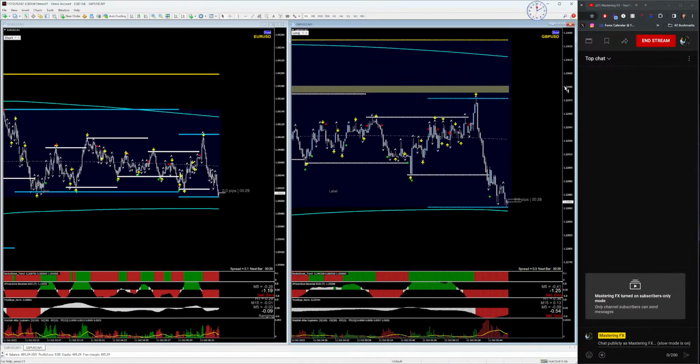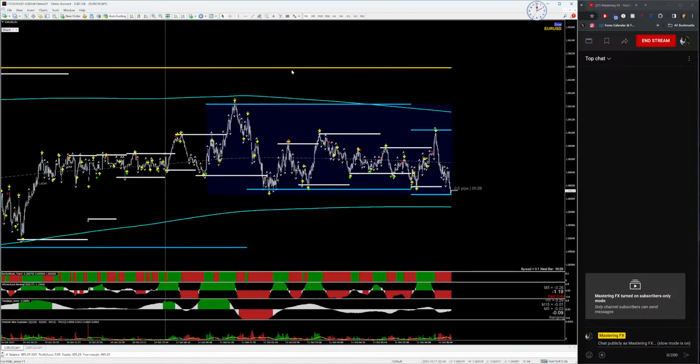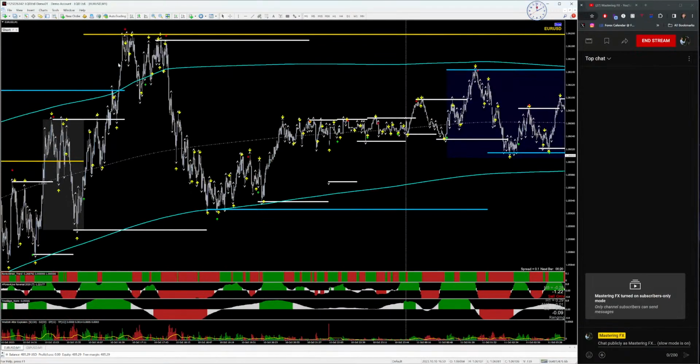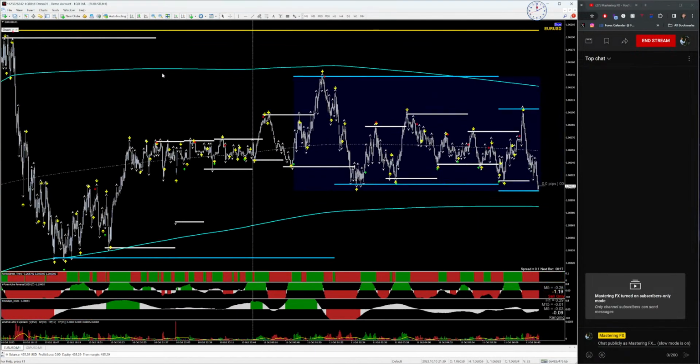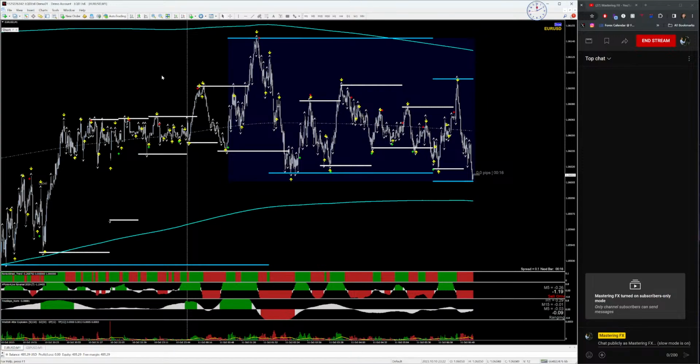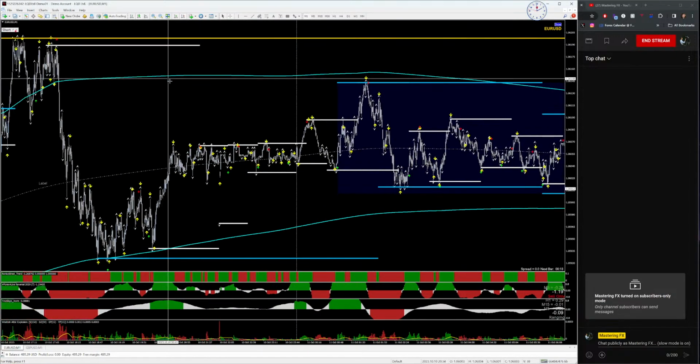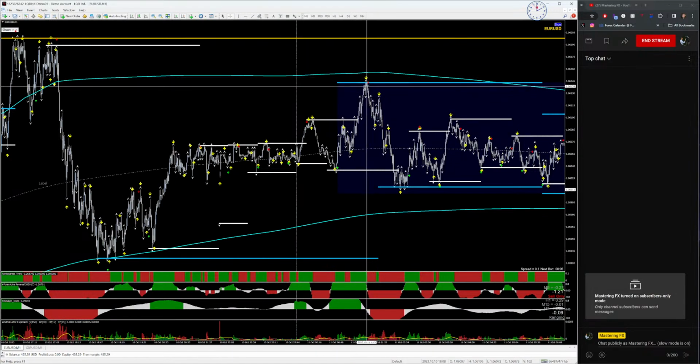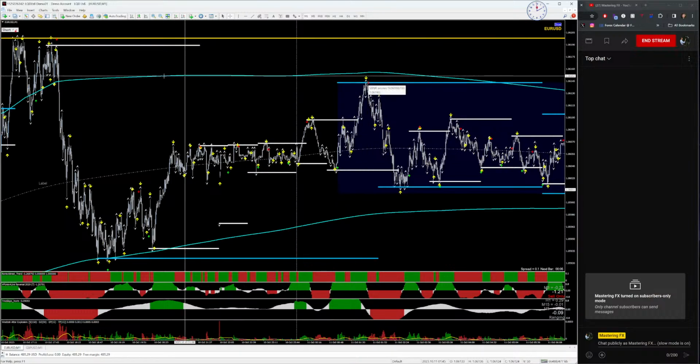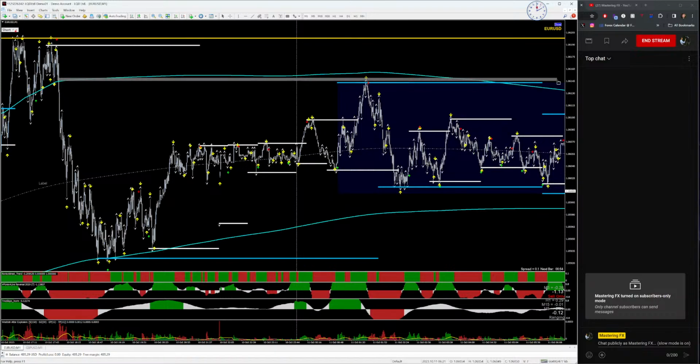We have another confluence. Let's check out Euro USD. That was also outside of the band already, so is there anything left here? There actually is. So we had a fair value gap here. Price did tap into it, but not all the way, so there's still a little bit left. So this might be a possible target.